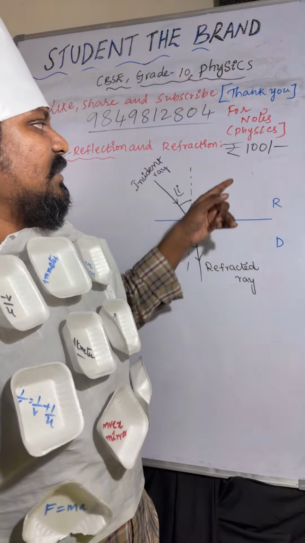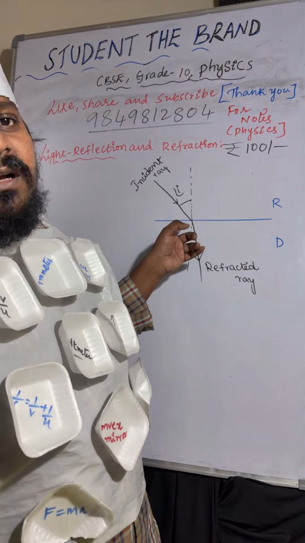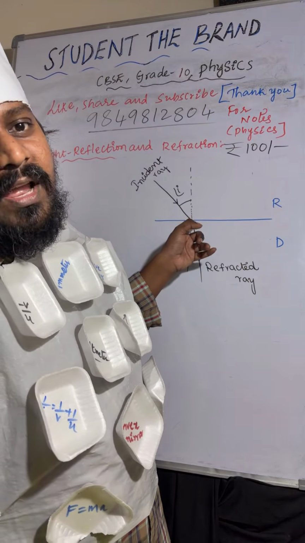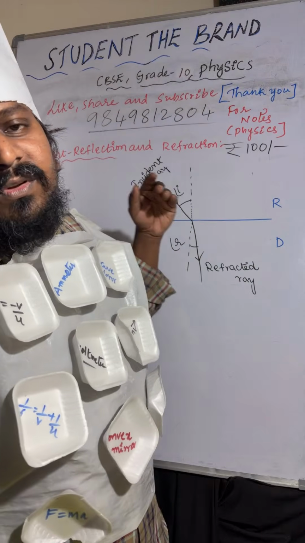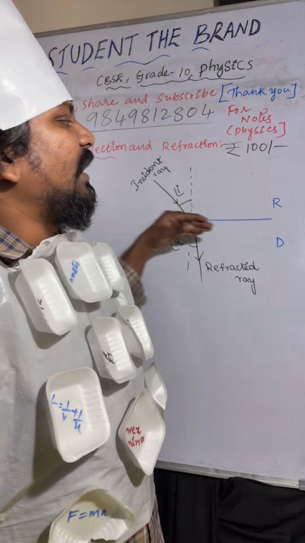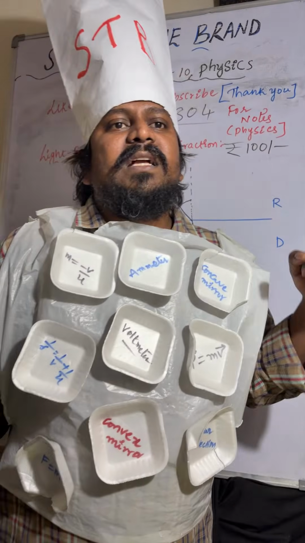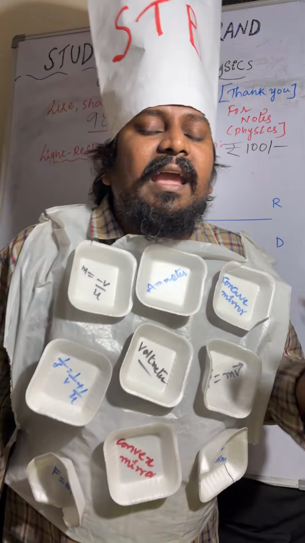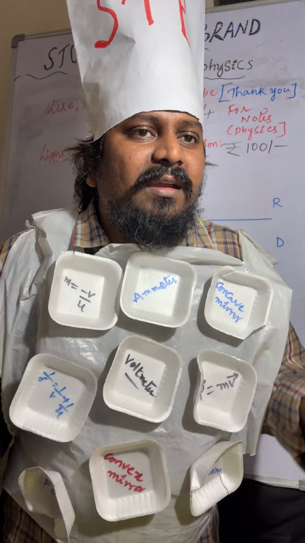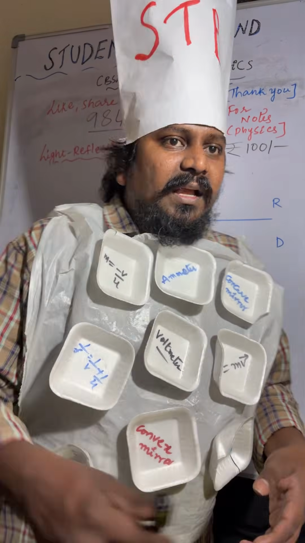Here you can observe this is a rarer medium and this is a denser medium. The path of the light changes at this point, that is the interface of the two media. Here we can take air as the rarer medium and water as the denser medium.